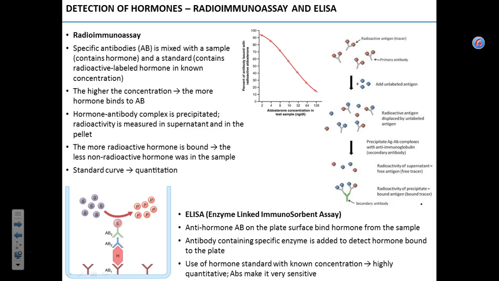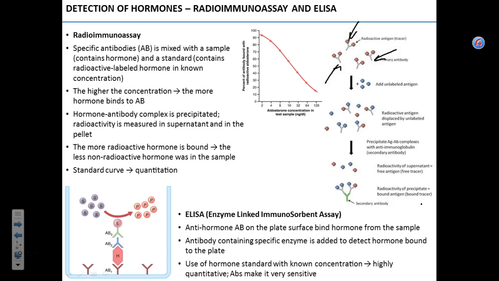Okay? Now imagine that you have those specific antibodies shown here in gray that can bind your hormone of interest. And your hormone of interest on this picture, the red hormone, is radioactive. And you know the exact amount. You already have it. That's your control. Okay? Does that make sense? The sample that you're testing, say somebody's blood, you don't know how much hormone you have in somebody's blood.